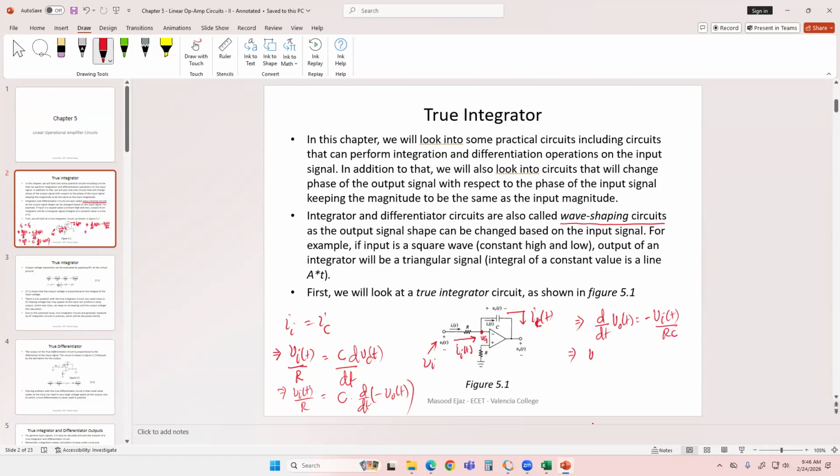If you want to show it from the initial capacitor value, V out at 0, to V out at t, then the integral of dV out is equal to negative, from 0 to t, 1 over RC V input(t) dt.